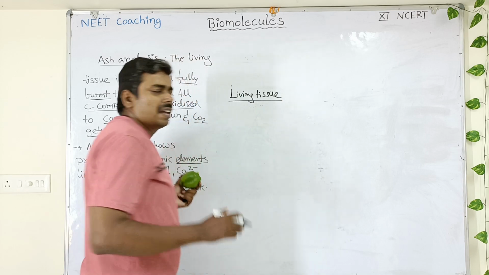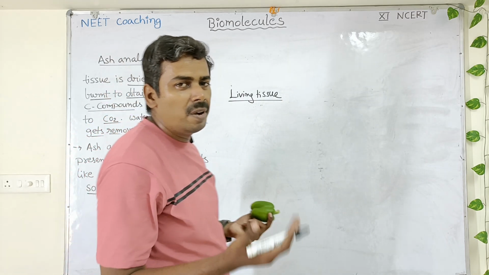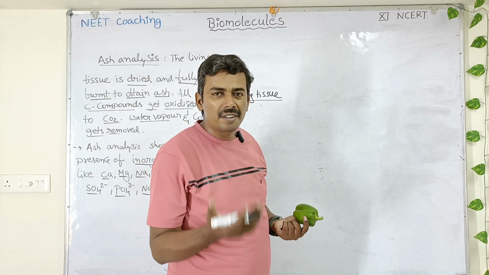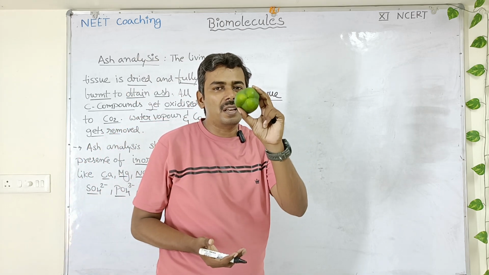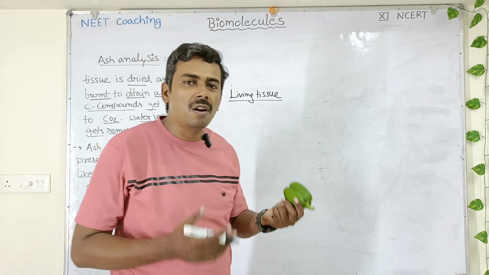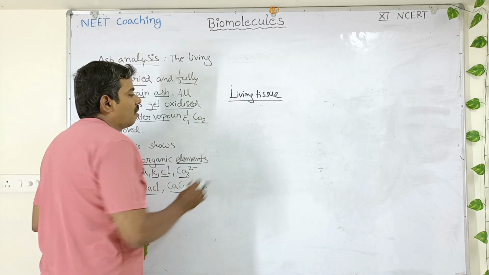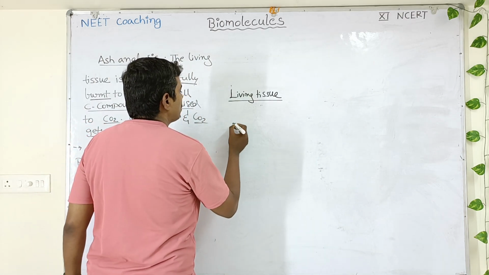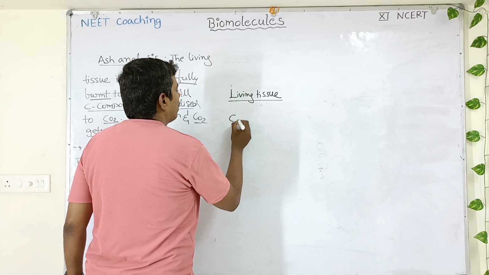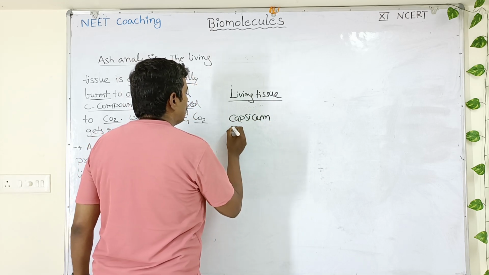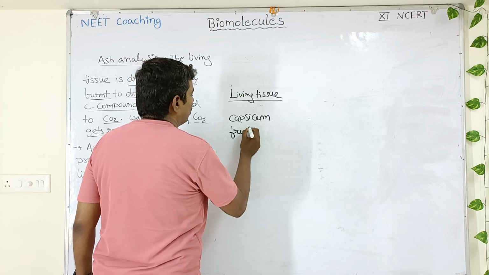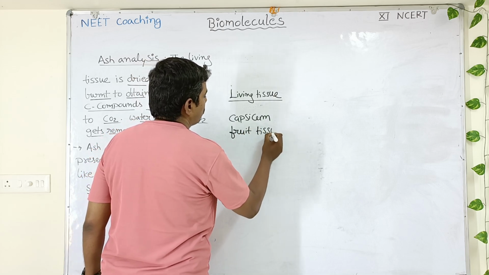I can either select an animal tissue like muscle tissue or liver tissue, or I can select a plant tissue like capsicum or stem tissue or root tissue. That is my wish. Here I have selected capsicum fruit tissue, which is a plant tissue.